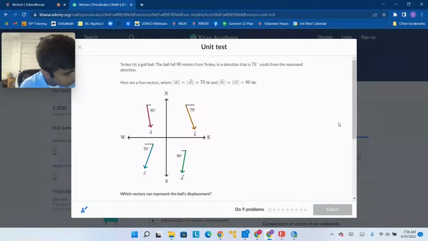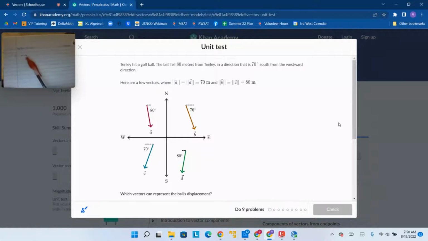like this. Let me show you. Something like this. Okay, this red arrow. See, the blue one is west. This arrow right here is going to be the 70 degrees south from west. You see it's almost going to completely south, but this is 70 degrees south from west.